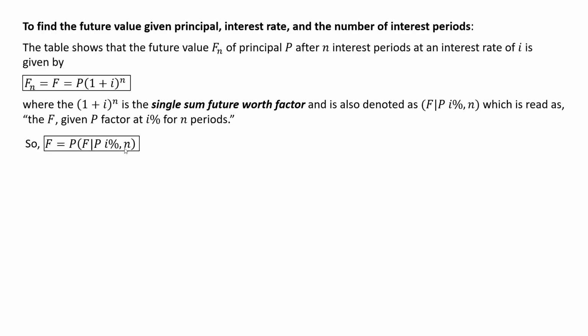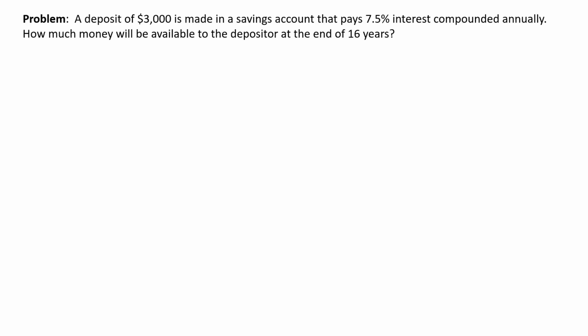Again, for 1 year, 2 years, 3 years, 4 years, up to 10 years, whatever. So they have tables like that. And this particular term, single sum future worth factor, is in fact used, and it is also written as F given P, i%, comma n. So that's the reason I'm trying to introduce this concept also. In fact, I'll show you how to solve a few problems based on this factor too.